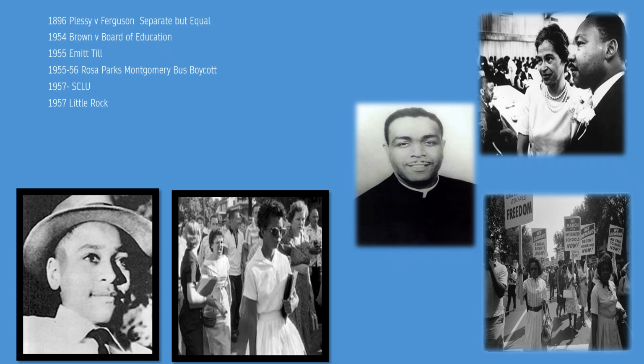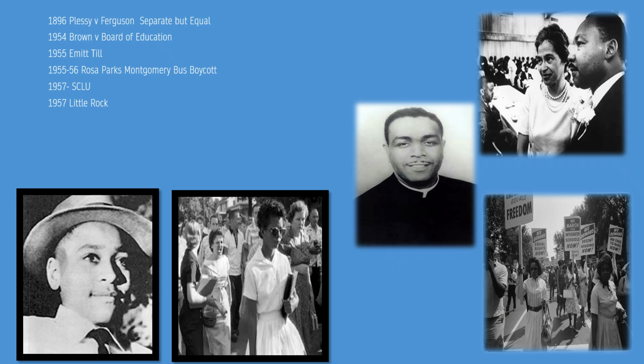So Emmett Till's murder, and he was not the first, and he's not the last, becomes a turning point in the civil rights movement. His death is used to expose the cruelty of Jim Crow, and the entire country is inspired.